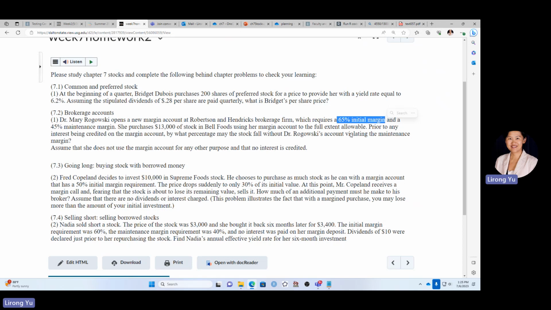The other 35% of the price can be borrowed. So your actual cash that you have to put in there is 65% of the 13,000. The company that holds the margin account is the one that actually pays the full 13,000. That's kind of the idea.